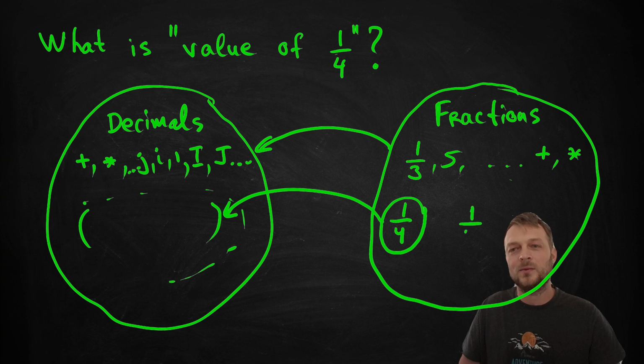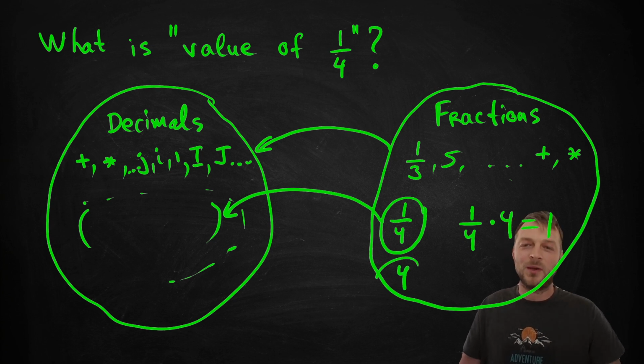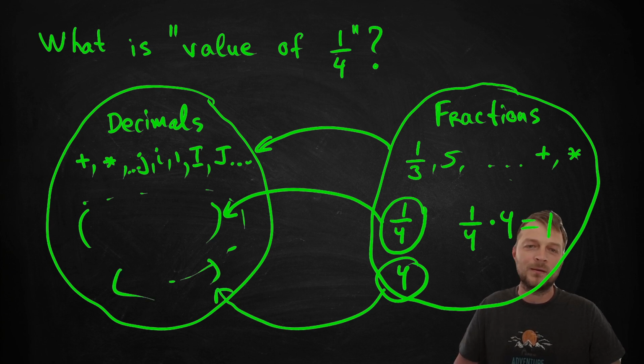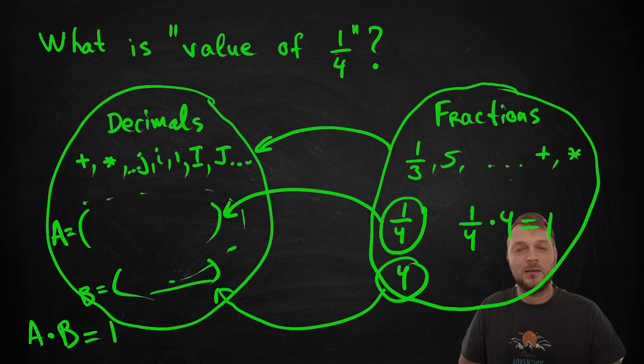So on this side we know that 1/4 multiplied by 4 is equal to 1. So we want to find these pairs. We want to find 4 here, like some object, and we want to find 1/4 as an object, and we want to find them such that, let's say, A here and B here, A multiplied by B will be equal to 1.